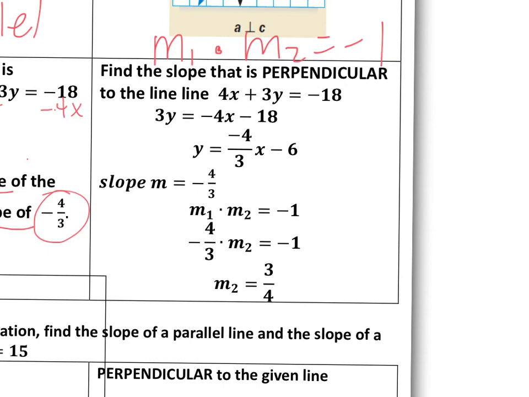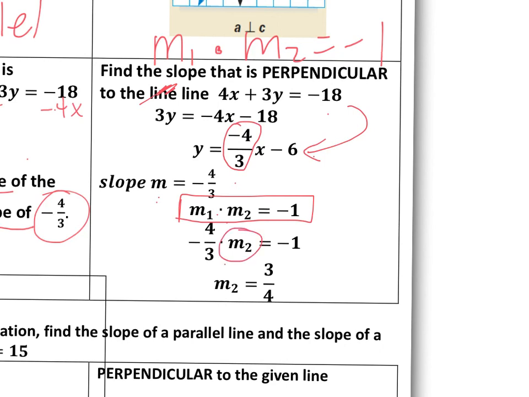To find the slope of a perpendicular line to the given line, 4x plus 3y equals -18, again, we need to rewrite this equation in slope-intercept form. And once we get to this step, we know that this is the slope. m equals -4/3. By using this little formula I have for you, you can sub in the first slope for -4/3 and solve for the second slope.